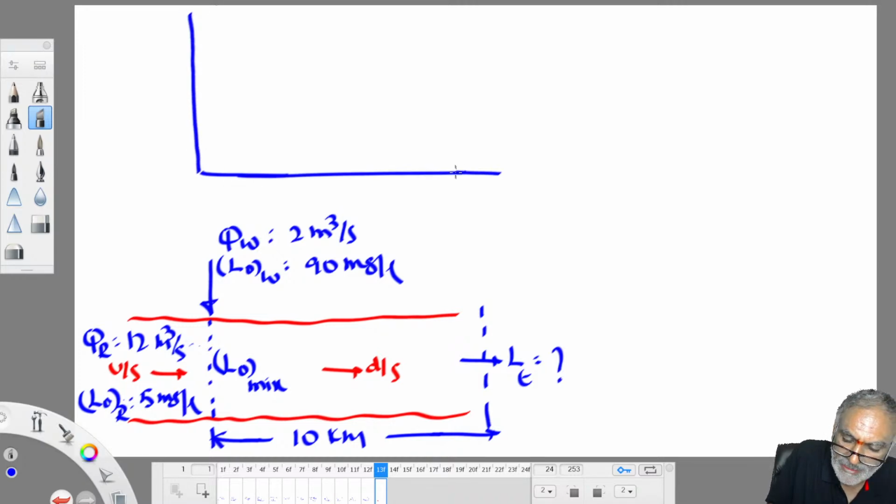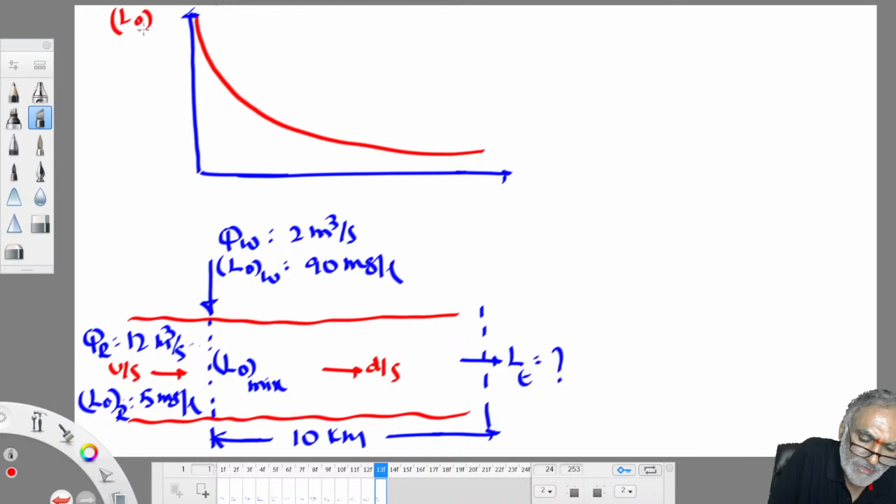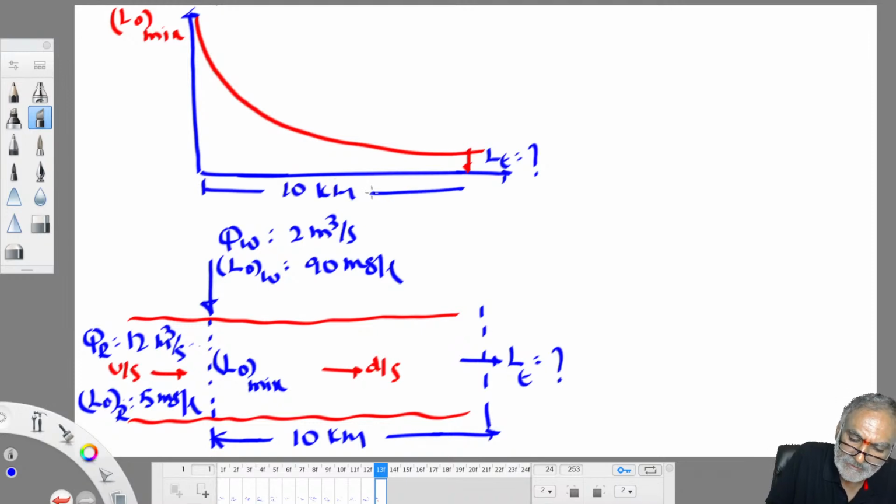After mixing it is L0 mix. As time progresses, it exponentially decreases. Here it is L naught mix immediately after mixing. At 10 kilometers point, its value may be this much. So you have been asked to find out this. What is LT at 10 kilometers point after mixing?